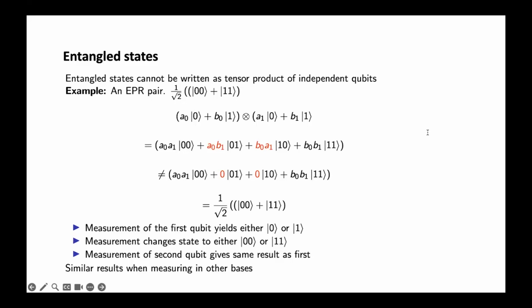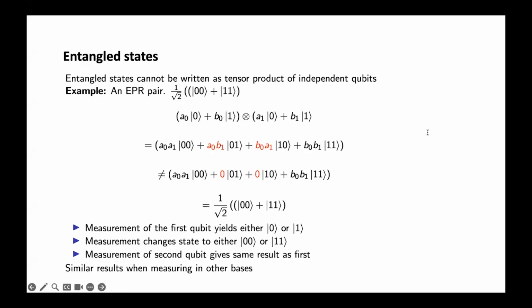If you use the simple calculation that we did earlier, by performing this tensor product, this becomes a0 a1 |00⟩ plus a0 b1 |01⟩, where you recall that this notation means 0 tensor product 0, 0 tensor product 1, plus b0 a1 |10⟩ and b0 b1 |11⟩. So this is what we have.